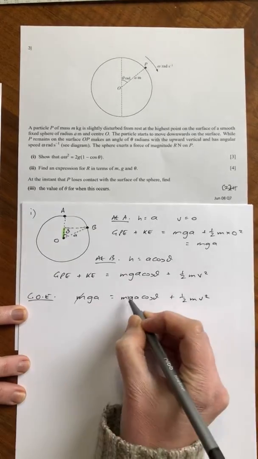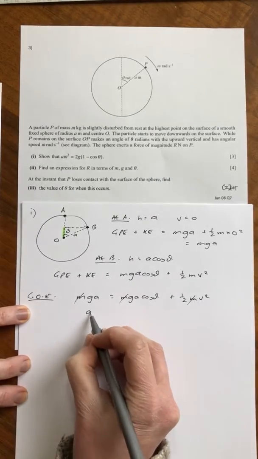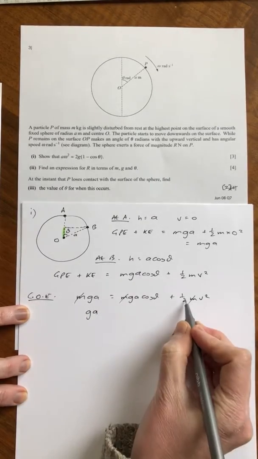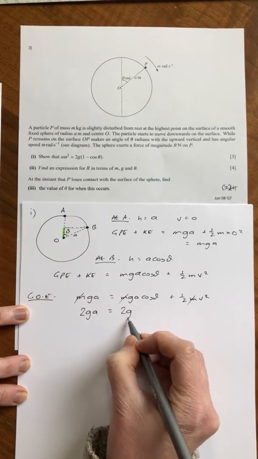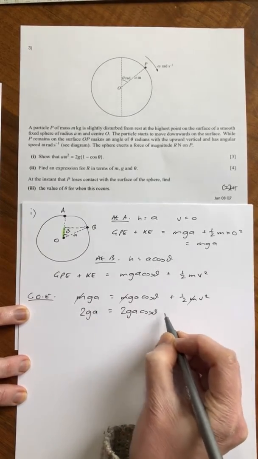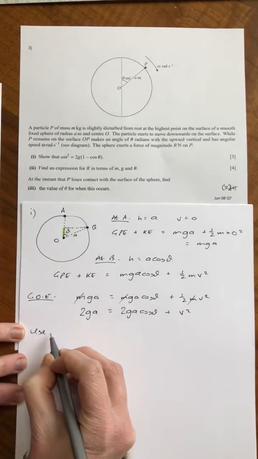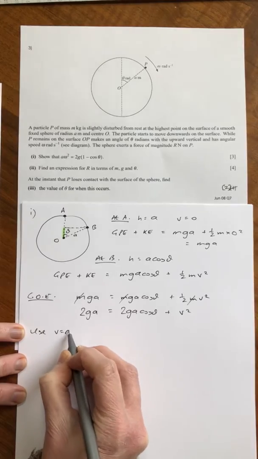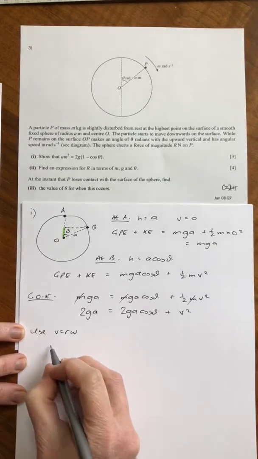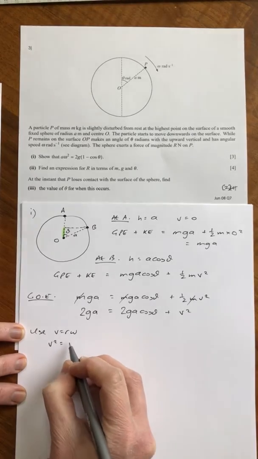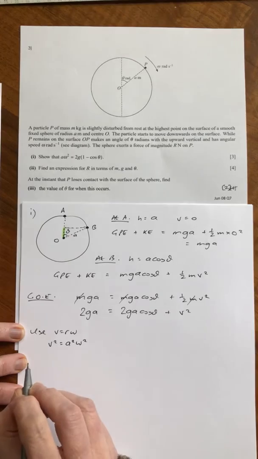And look, the m's all cancel. I have got ag, and I think I'll multiply by the 2 as well. So 2ga is equal to 2ga cos theta plus v squared. And this is where I will use my v is equal to omega r. v squared then will be equal to, r is a, so a squared omega squared.